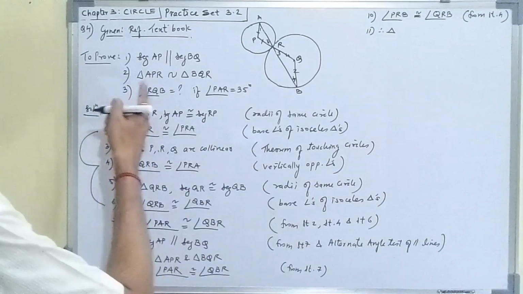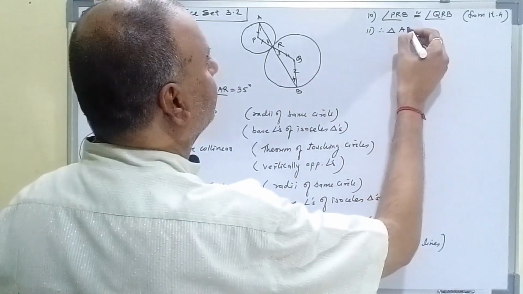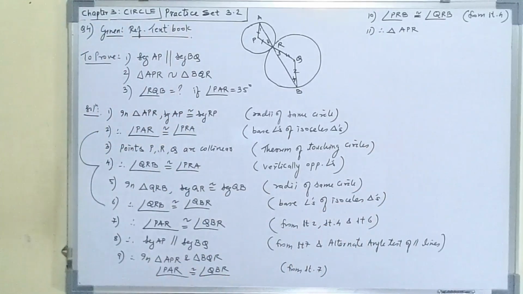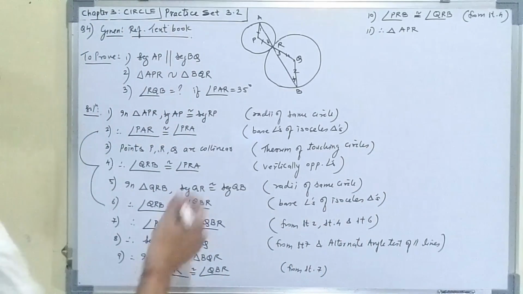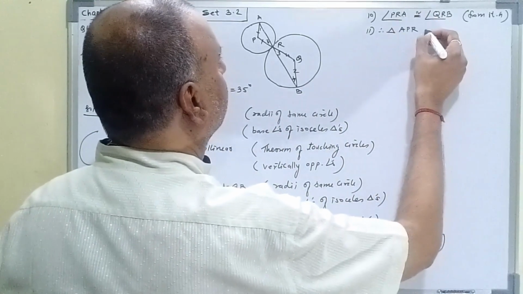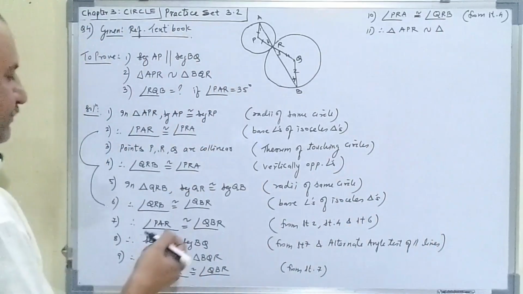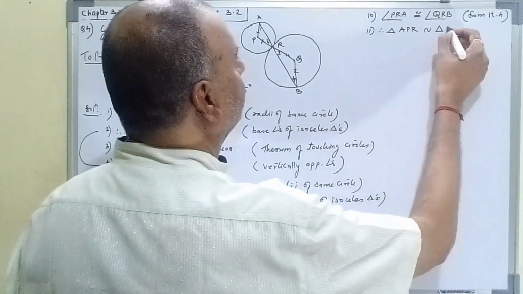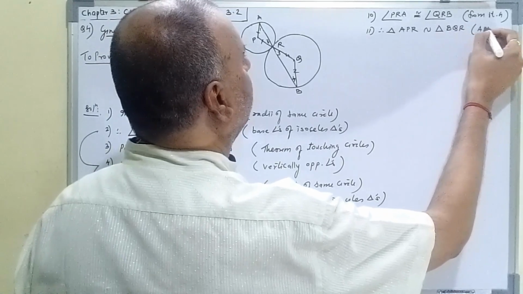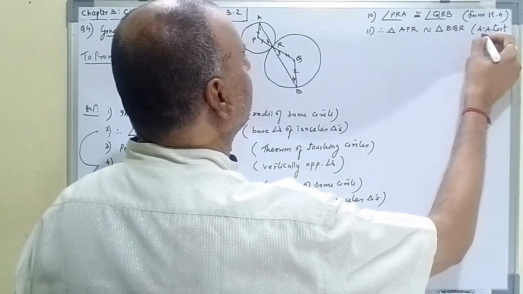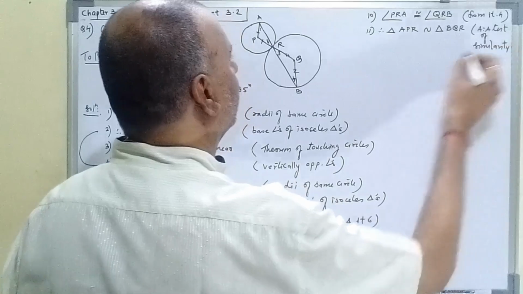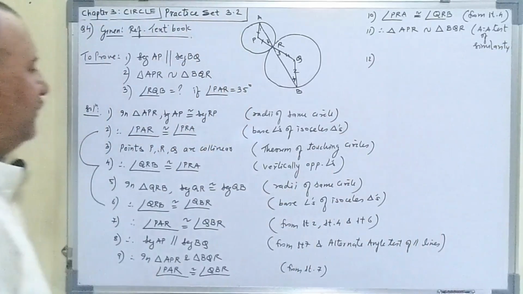Therefore, triangle APR similar triangle BQR, a test of similarity 12.